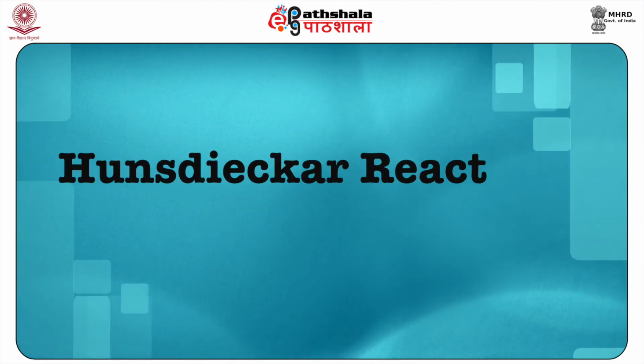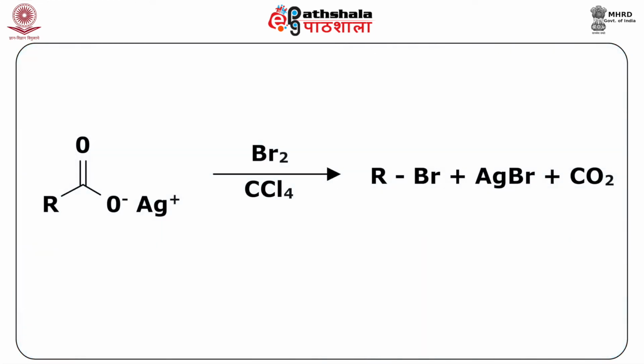Hunsdiecker reaction. Hunsdiecker reaction is an example involving free radical intermediates to yield the alkyl halide. Reaction of silver(I) salts of carboxylic acids with halogens gives unstable intermediates which readily form alkyl halides.